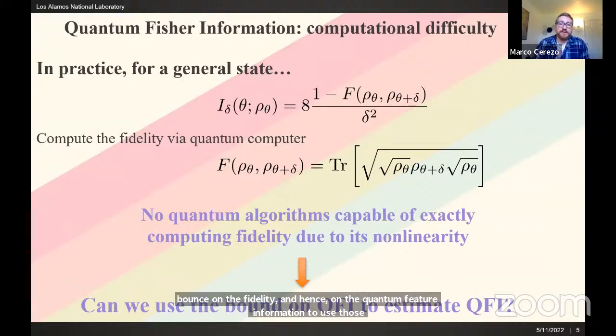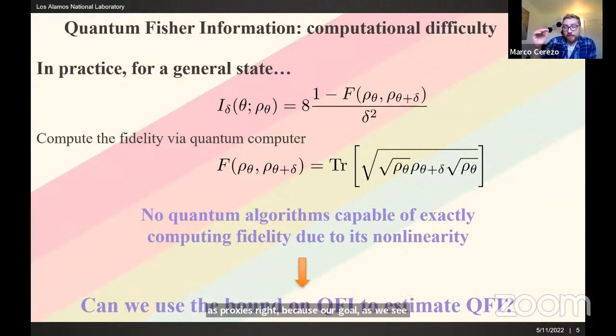Because our goal, as we said, is to maximize the quantum Fisher information. This minimizes the error in estimating my parameter. And if I have a lower bound for the quantum Fisher information and I maximize this lower bound, I have a guarantee that my QFI is larger, right? So this is why we're going to be talking about bounds on the quantum Fisher information.